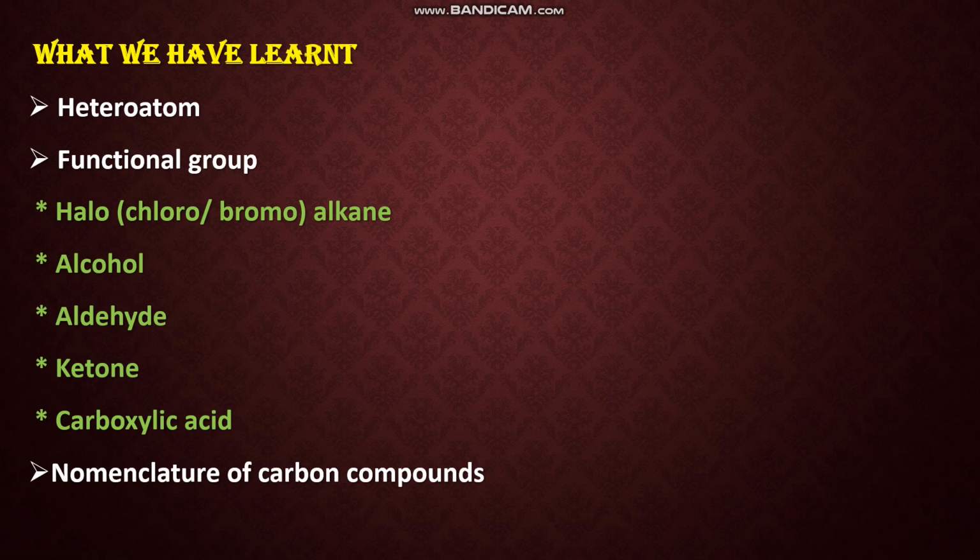And next we learned the nomenclature of carbon compounds. That means how to name these carbon compounds. So, to name the carbon compounds which contain these functional groups, what are the methods we learned? If it is haloalkane, we have to give the prefix. If it is chloroalkane, give the prefix chloro. Bromoalkane, give the prefix bromo.